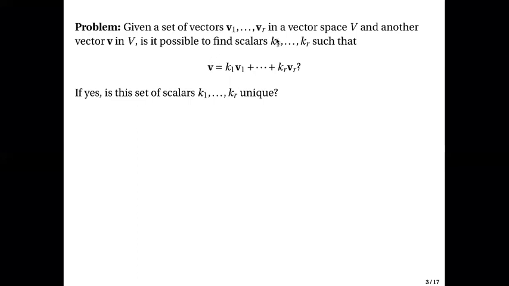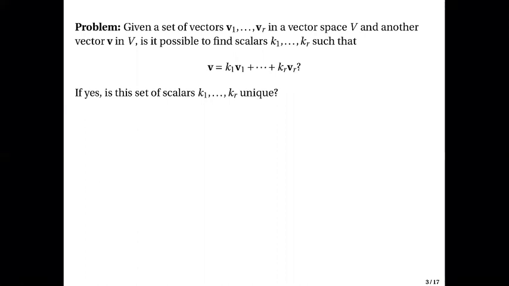Meaning, is it possible to find scalars K1, K2 until Kr such that V equals K1 V1 plus K2 V2 plus until Kr Vr? And if the answer is yes, is this set K1, K2 until Kr unique, or are there other possible combinations?